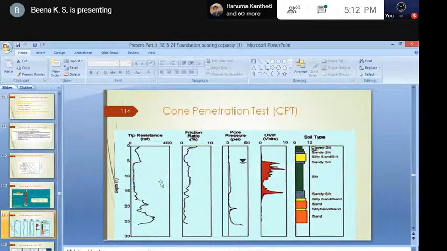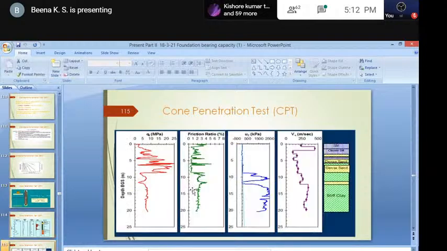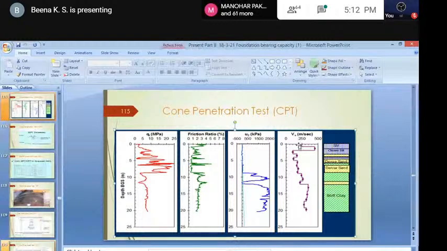You can see the tip resistance versus depth of penetration, and the friction ratio, which is correlated with the shear velocity and shear modulus.